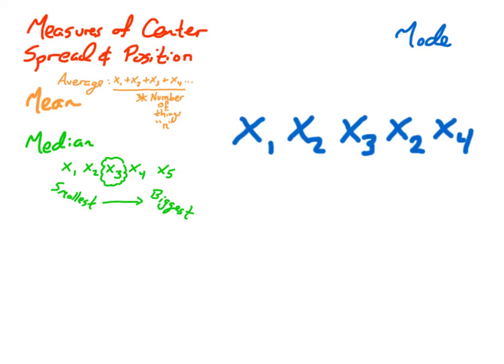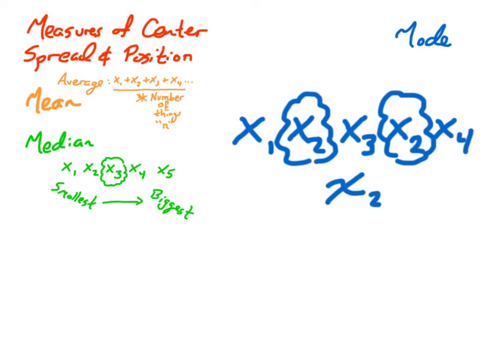Well, the mode is asking you which number happens the most often. And in this case, it'd be x2. So x2 is the mode.